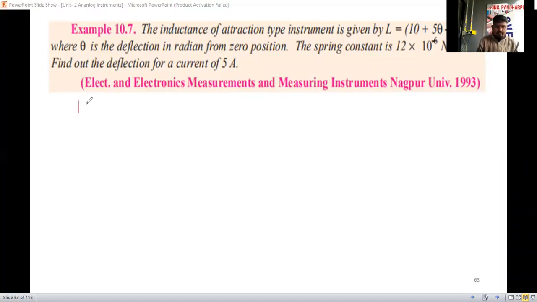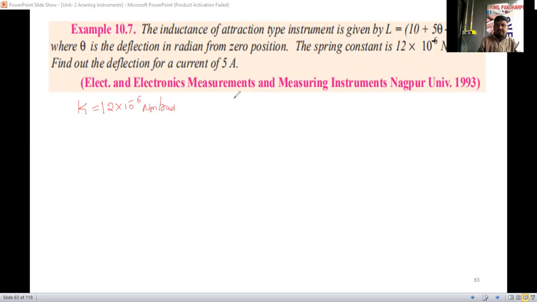K equal to 12 into 10 to the power of minus 6 Newton meter per radian.